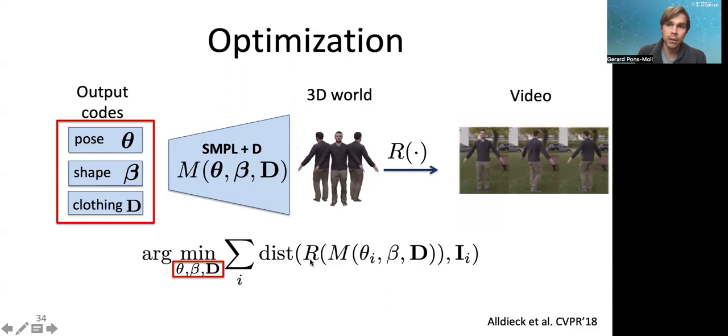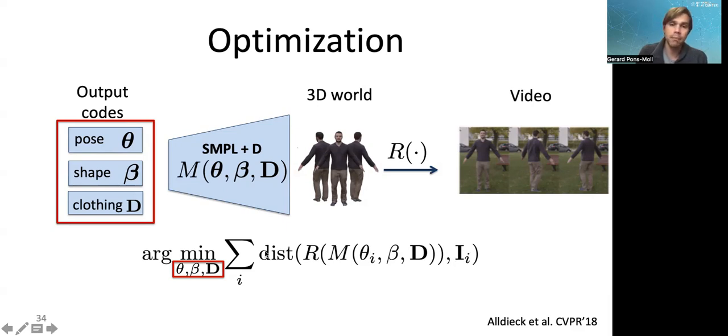This is similar to the paper that we saw in the previous lecture, sparse inertial poser, where we were using IMUs. Here we're using images. So the fitness measure is basically some distance between the rendering R of the model M, which depends on the parameters that we're optimizing over, theta i, beta, and D, and the image itself, right?